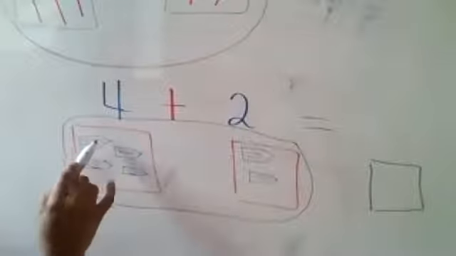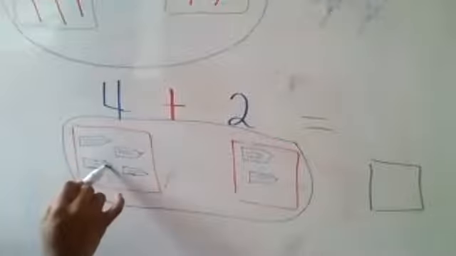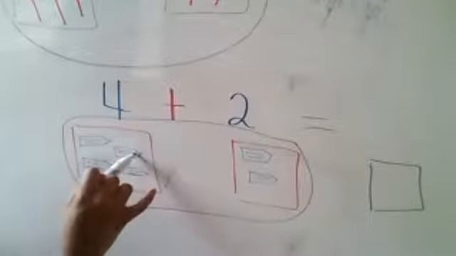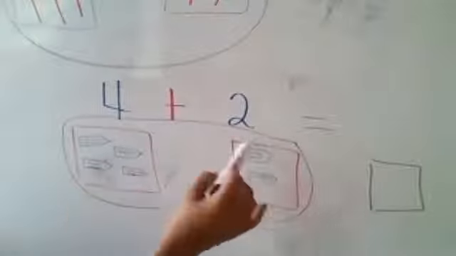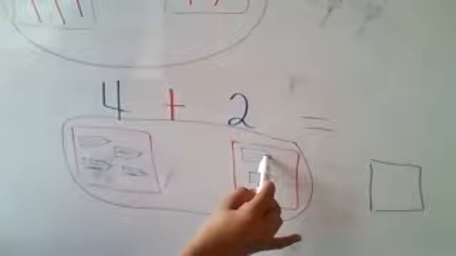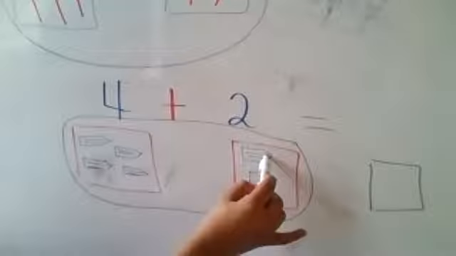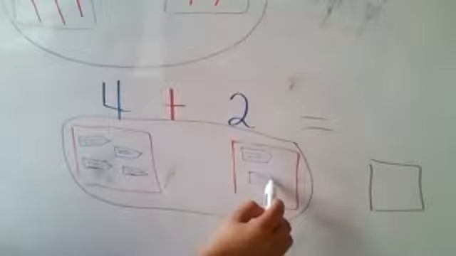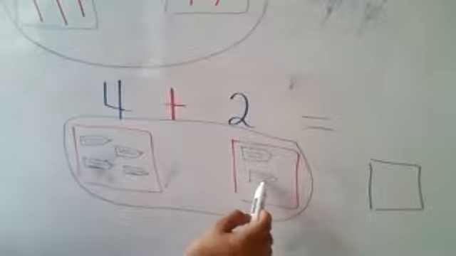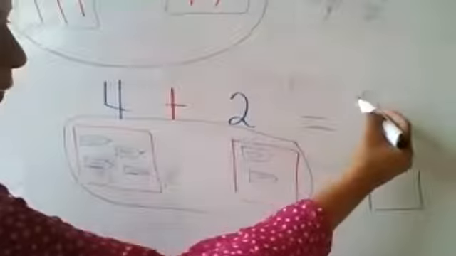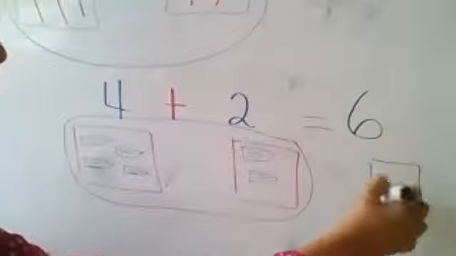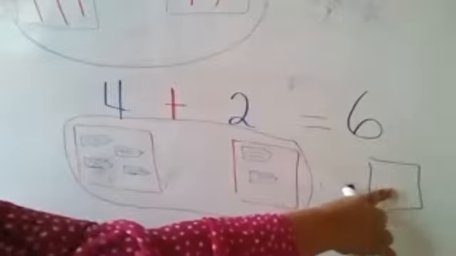And now we count. 1, 2, 3, 4. After 4? 5. And this one? 6, right? And we write our number 6. And what's gonna happen in our box?